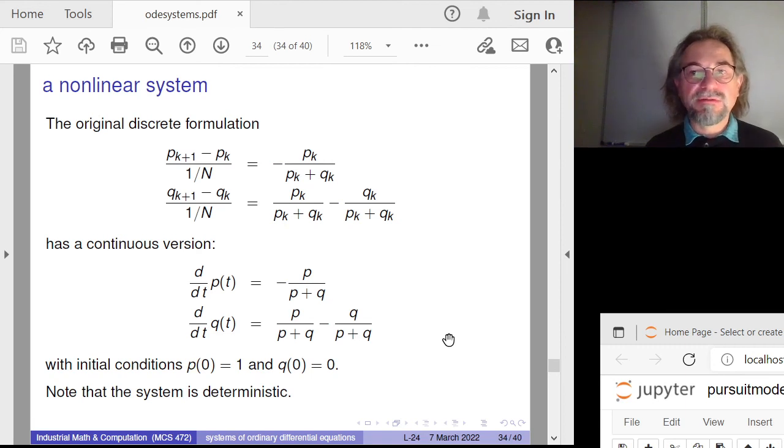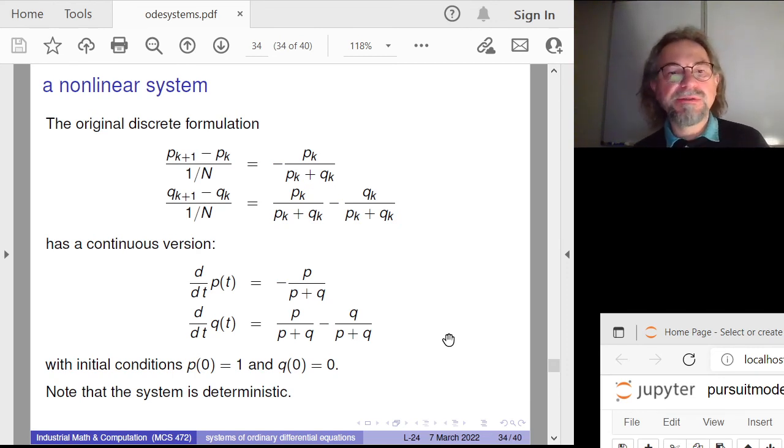So one can still keep this as a discrete system, but you can also formulate from there a continuous version, where you start initially with the percentage of whole pills to be 100%, and then no half pills.